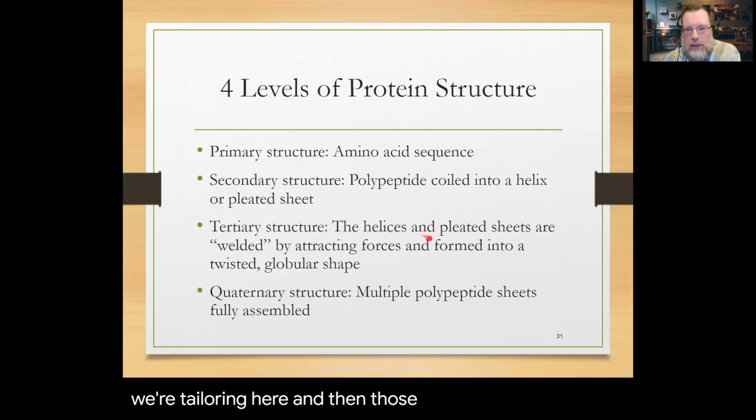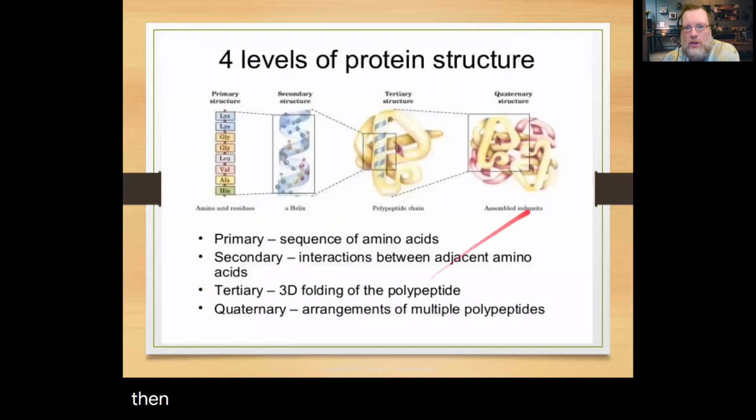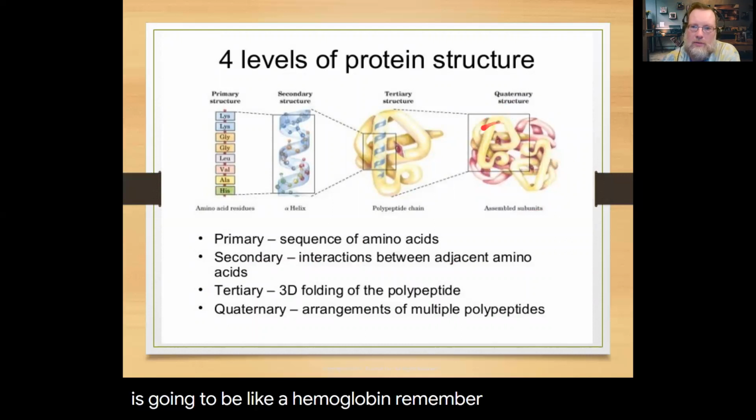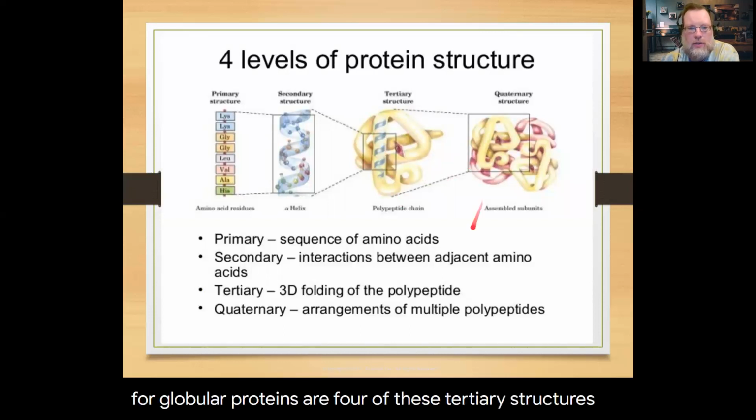Then those pleated sheets get put together and welded together by attracting forces, forming a kind of globular shape. Then we add some of those globular shapes together, maximally at 4. Typically, we then see a large globular protein, or a quaternary structure. This is going to be like hemoglobin. Remember, hemoglobin has 4 globular proteins, or 4 of these tertiary structures connected to it.